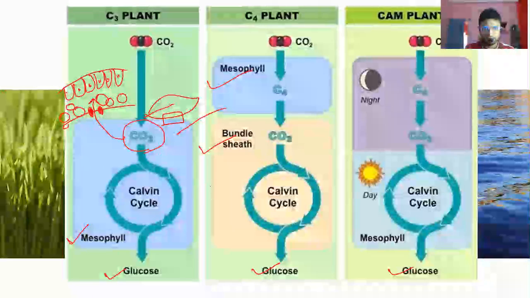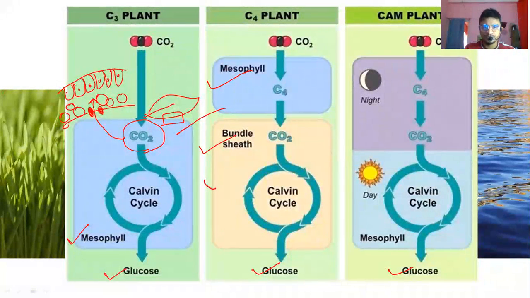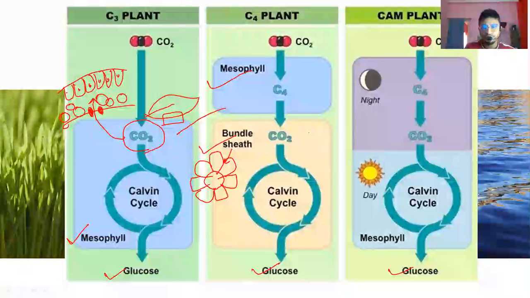If you study the anatomy, you have a mesophyll cell surrounded by a very thick bundle sheath. This type of anatomy is called Kranz anatomy in C4 plants. Due to the presence of Kranz anatomy, the Calvin cycle takes place in the bundle sheath. Then finally glucose is formed.